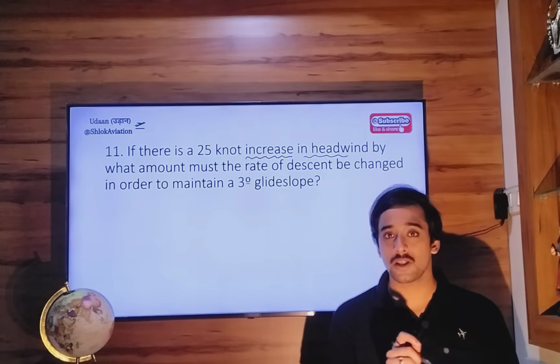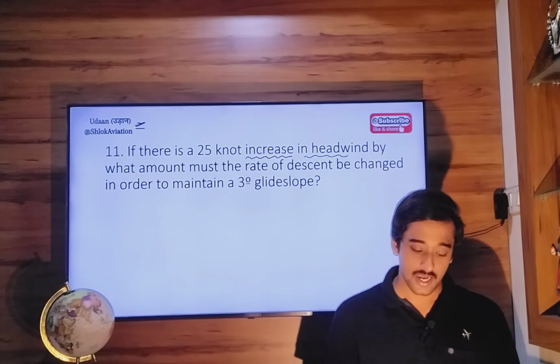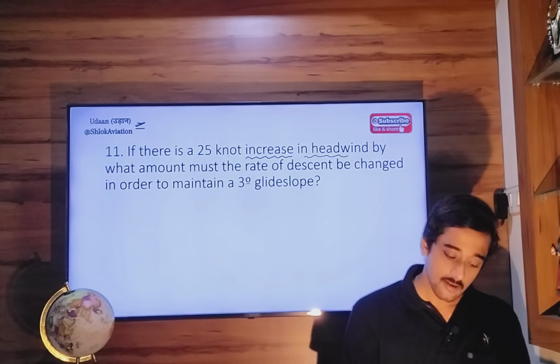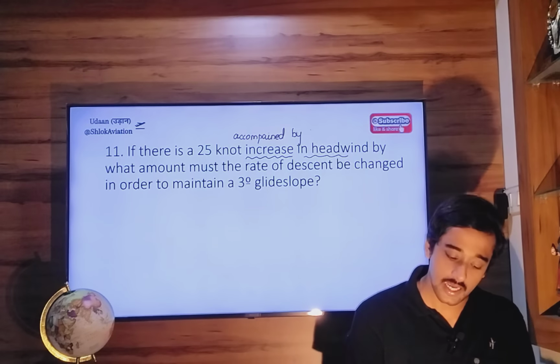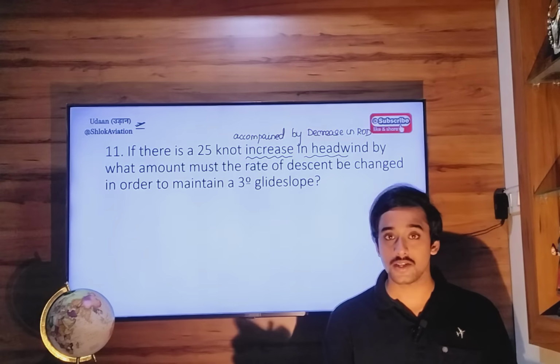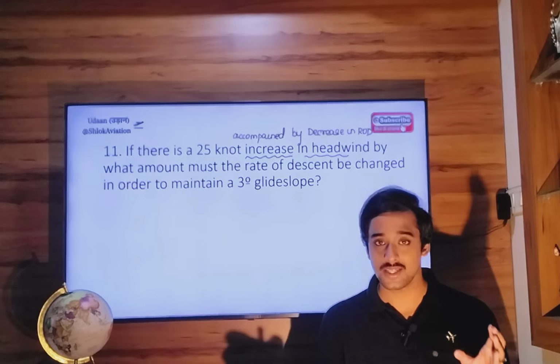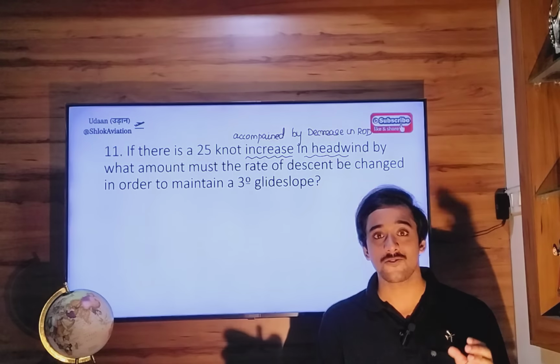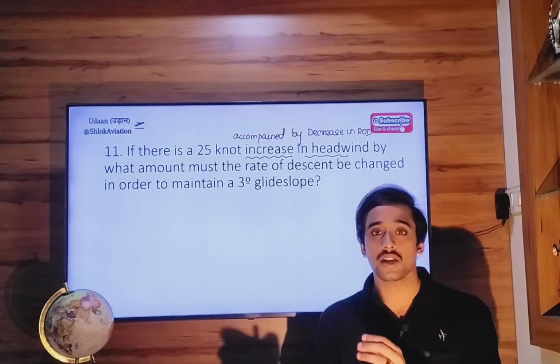If you have watched the previous video lecture, you must know that an increase in headwind component must be accompanied by a decrease in rate of descent. Why so? Wherever your headwind component increases, the ground speed of your aircraft will further decrease, and that results in an increase in rate of descent.